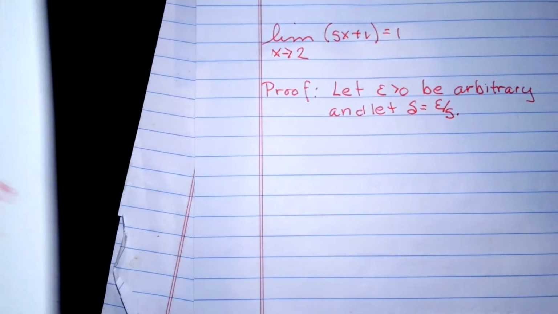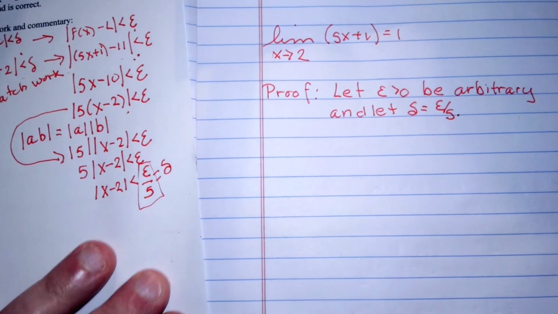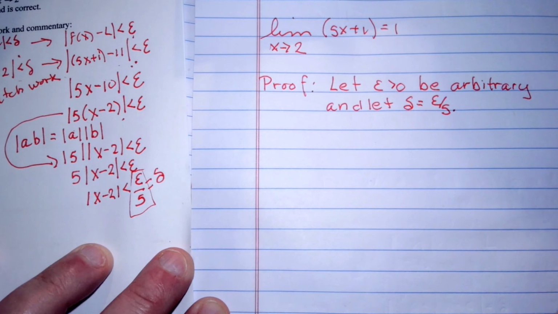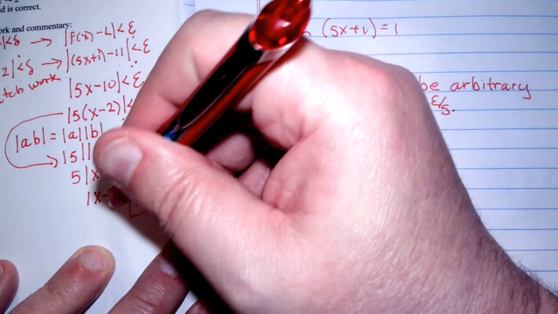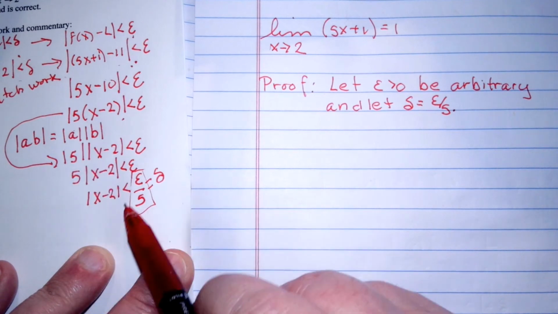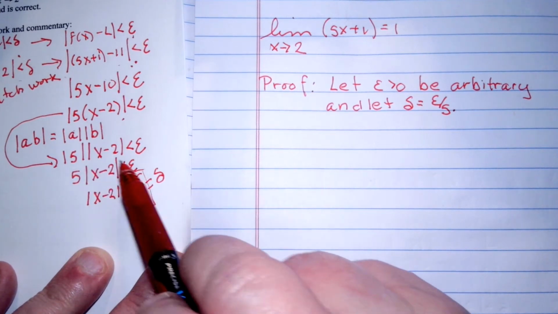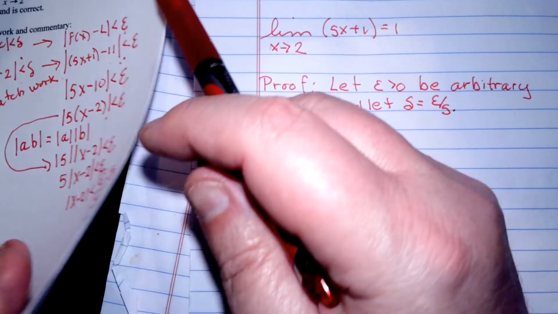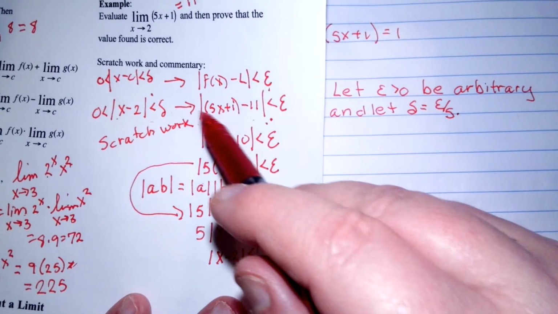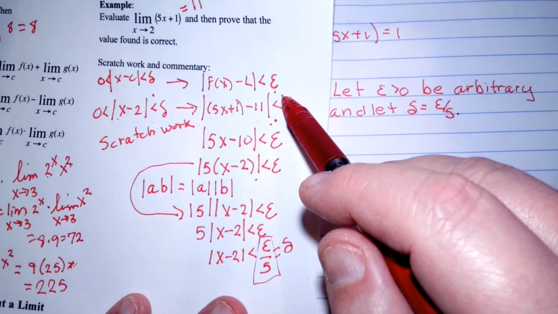I've got our scratch work from before. All right, so remember that what we want to do is we want to start with this statement and end up with this statement.